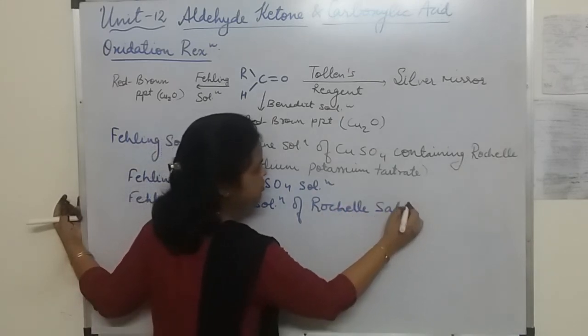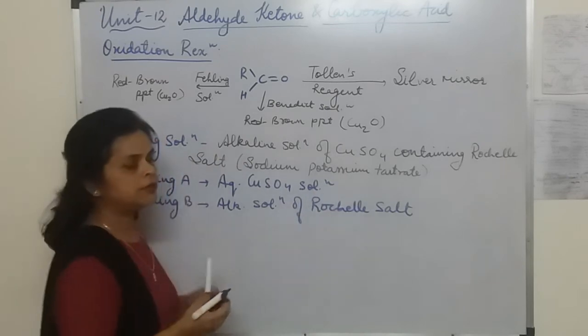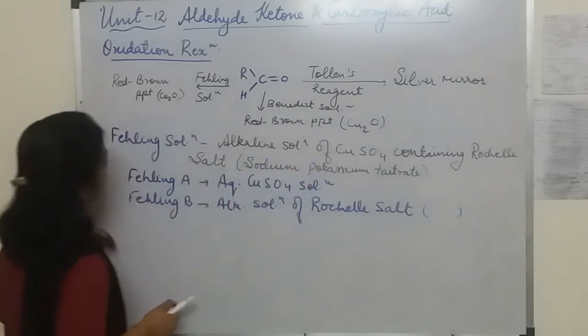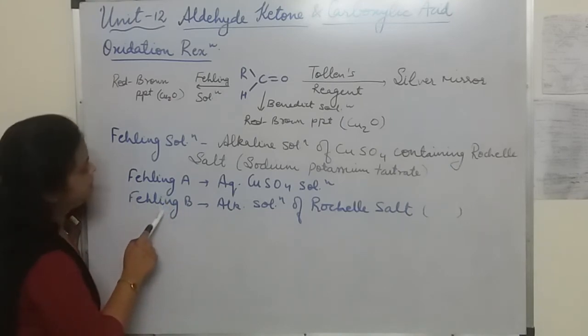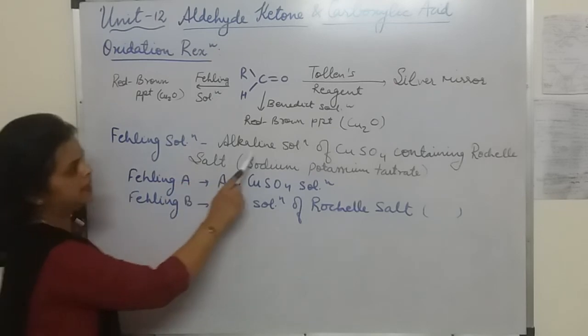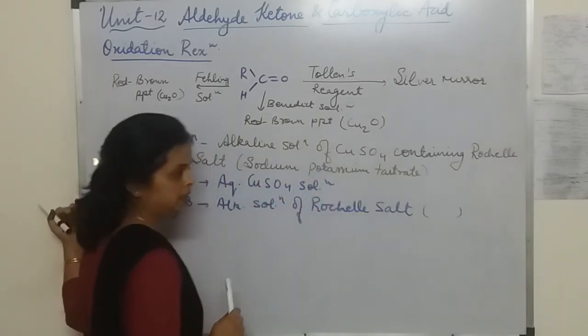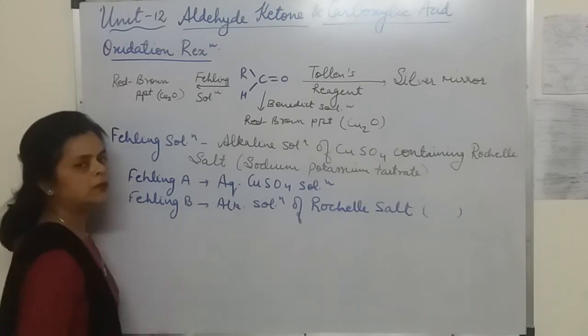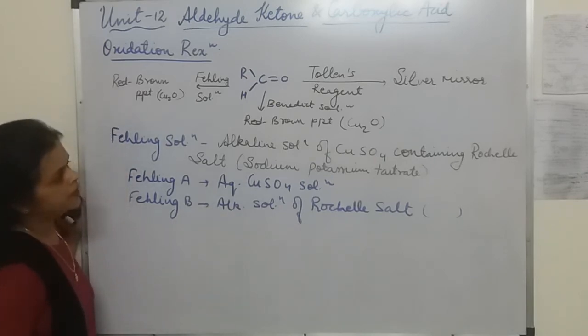And what is Rochelle salt, students? Sodium potassium tartrate. When you add Fehling B to Fehling A, you get the Fehling solution, an alkaline solution of copper sulfate containing Rochelle salt. That means copper ions are complexed with the tartrate ions.